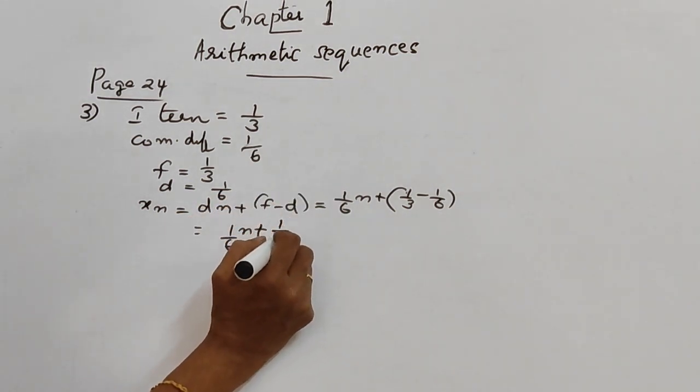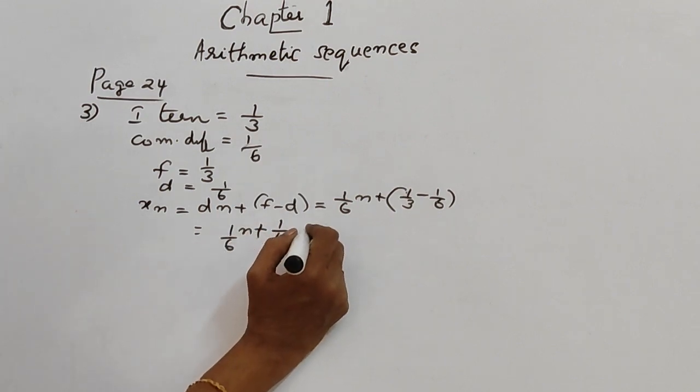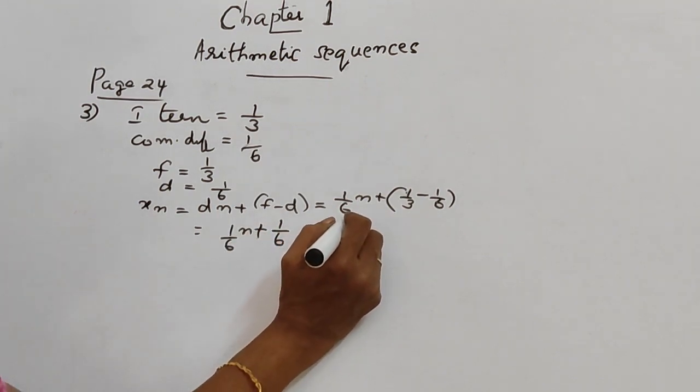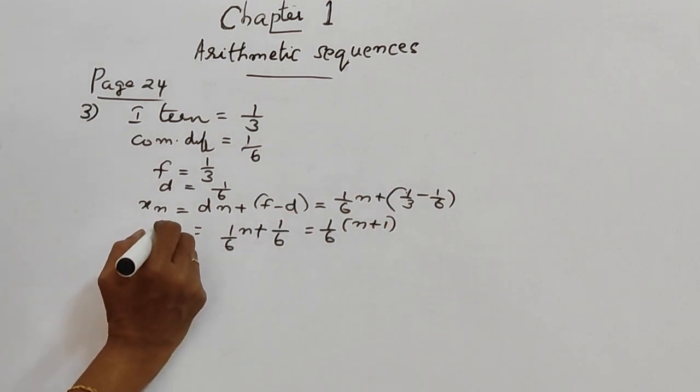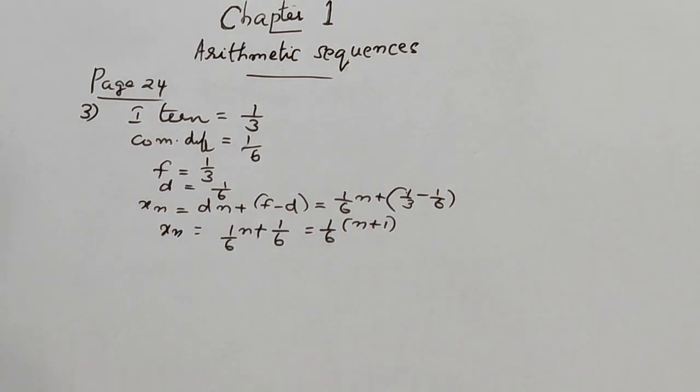You can take 1 by 6 common factor. 1 by 6 into, inside the bracket we will get n plus 1. So, xn is equal to 1 by 6 into n plus 1.